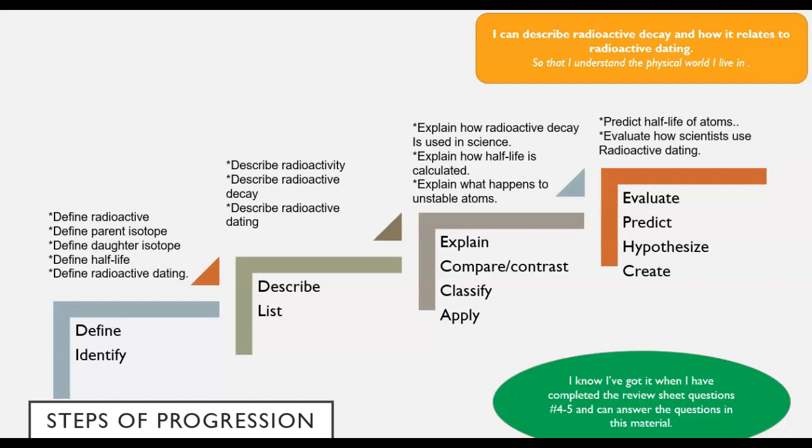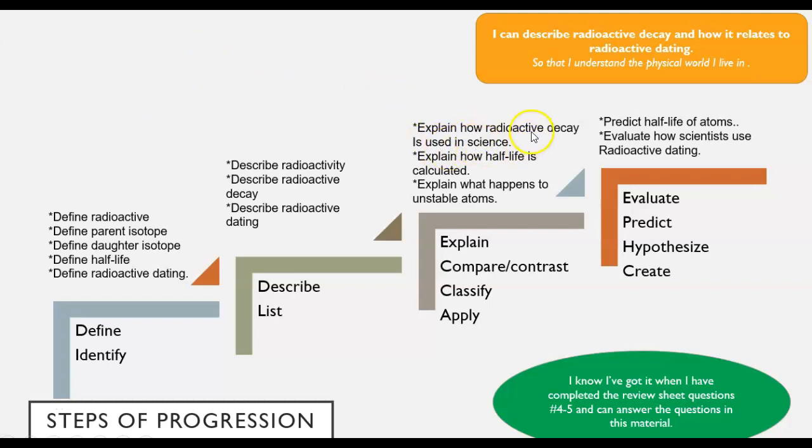Anytime that you are feeling confused or stuck, please come back to this chart and use it as a checkoff. Check off each of the defines. Make sure you can define each of the terms we're introducing, along with then can you describe it? Not just give me the definition, but can you look at it in a different way and explain how it's used or how it happens in the physical world. Then you can look up to the next step.